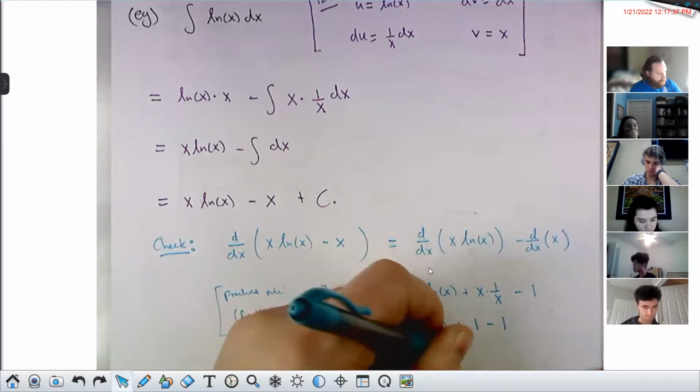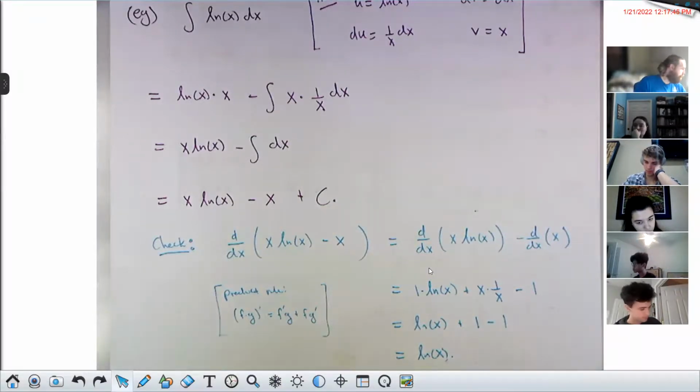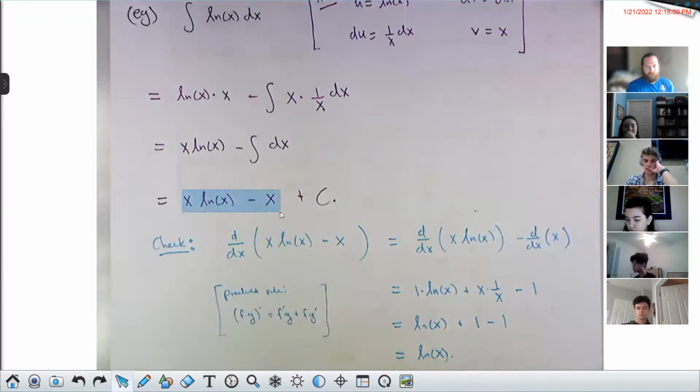I won't lead you astray. This was a correct use of integration by parts up there. Okay, so indeed, the integral of 1 over x is ln of x, but the integral of ln x is x ln x minus x. Kind of weird. Kind of weird.